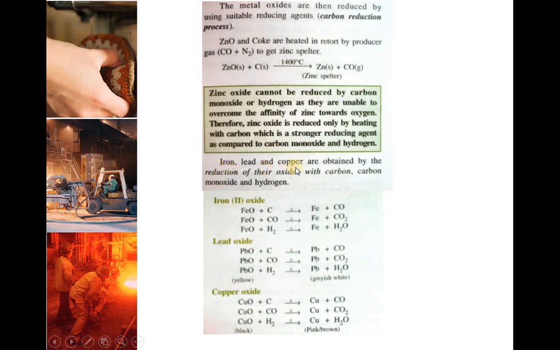Iron, lead, copper can be obtained by reduction of their oxides with carbon, carbon monoxide and hydrogen. But in the case of zinc, zinc oxide can only react with coke at very high temperature.